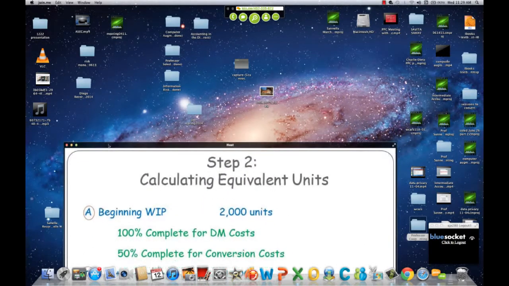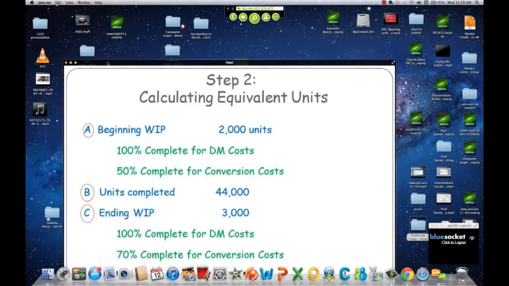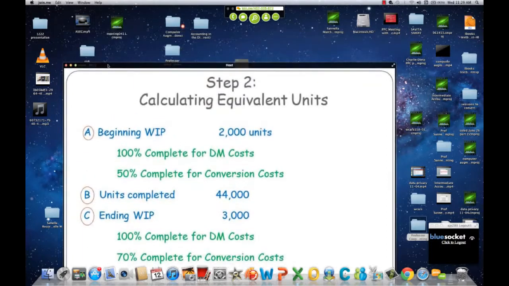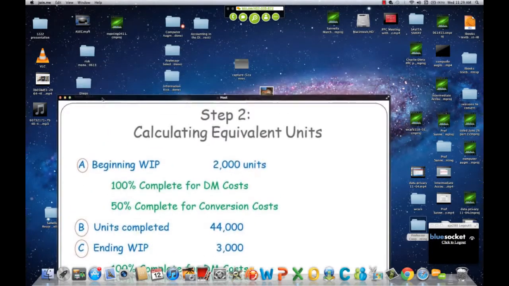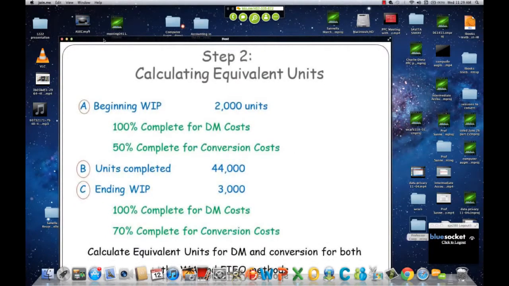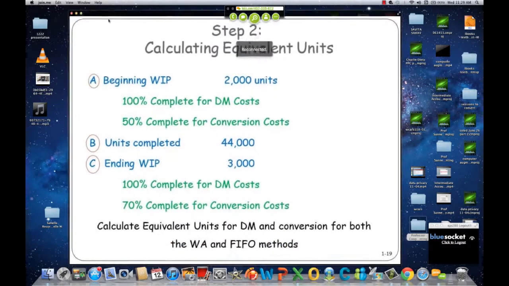So we now have kind of a picture of all of our units in this case. And these 3,000 units that will be completed in March were already completed for direct materials because we add all the direct materials at the beginning, and that was done on February 22nd.